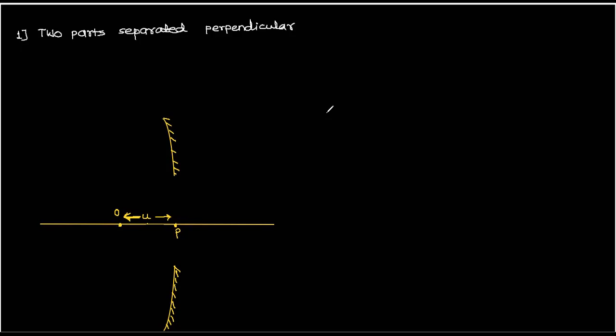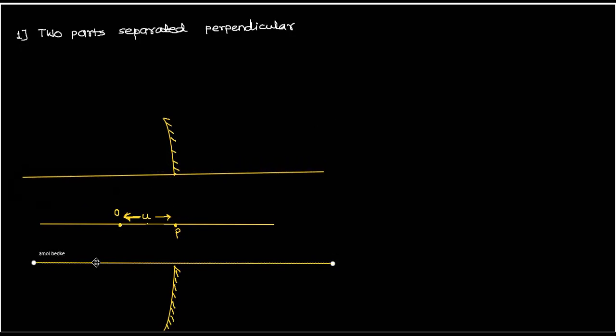Now this is another principal axis for this mirror, which I am denoting with dotted lines.